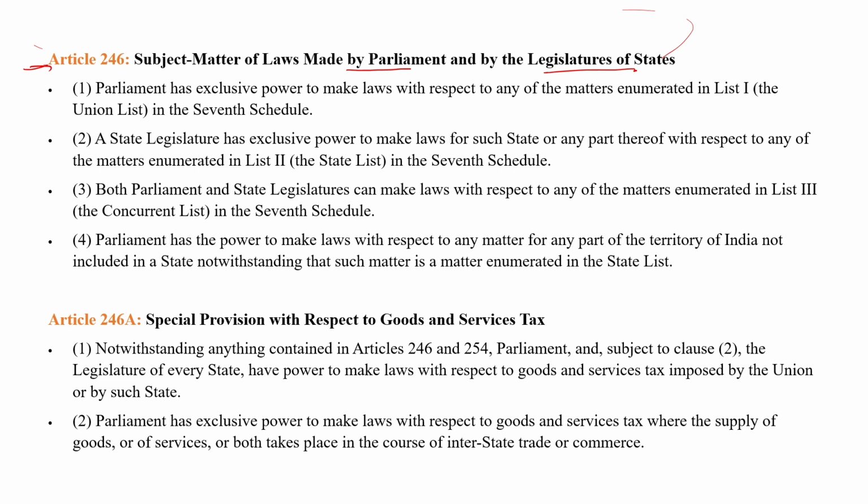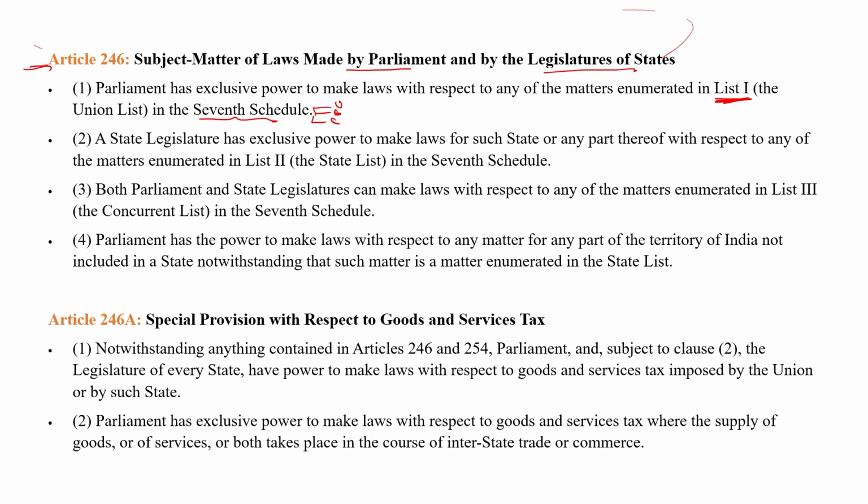The first clause of Article 246 says that Parliament can make law on those subjects which are part of Union List, List 1, mentioned in the 7th Schedule. In the 7th Schedule, there are three lists: the Union List, the State List, and the Concurrent List.